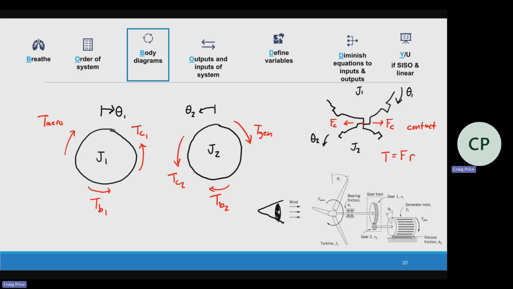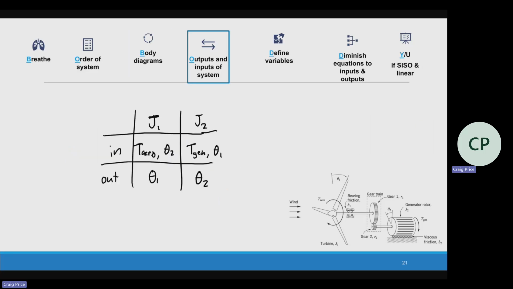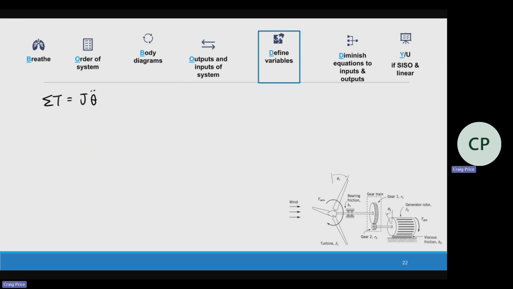So I don't need to define T gen. I don't need to define T arrow, but I do need to define the other four torques. So both of the friction torques and the contact torques. Let's start with the easier ones. Let's do friction. So we got a TB1 and we got a TB2.